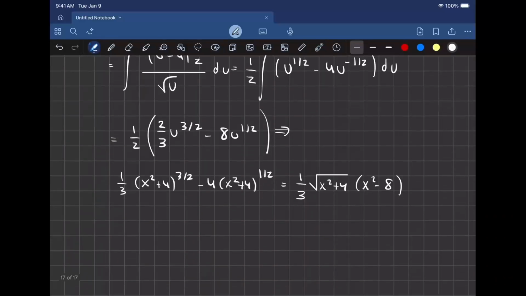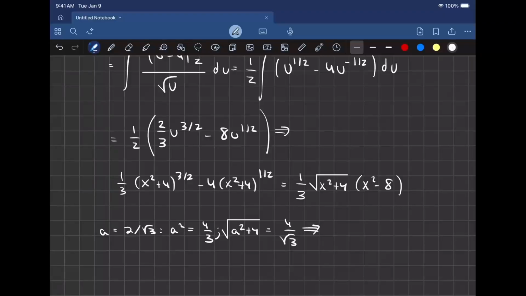Okay, so let's look at our endpoints. So when a equals 2 divided by square root of 3, a squared is equivalent to 4 over 3. So the square root of a squared plus 4 would be 4 over square root 3.